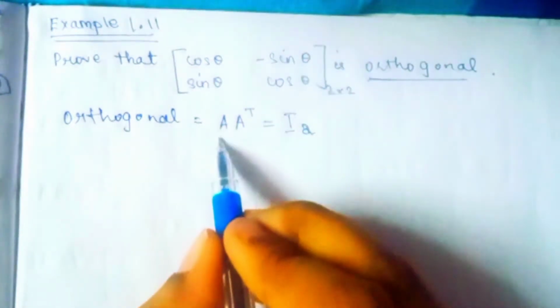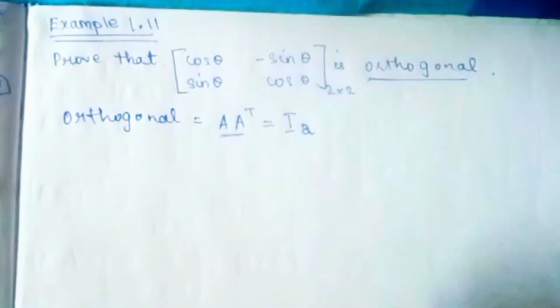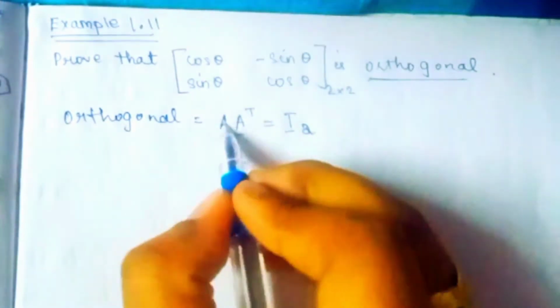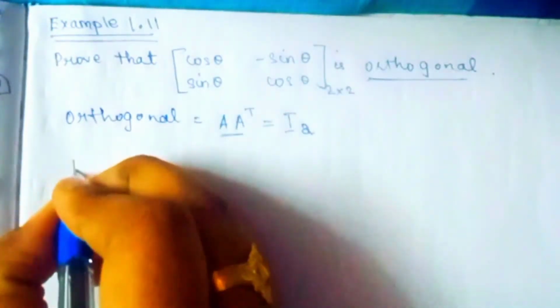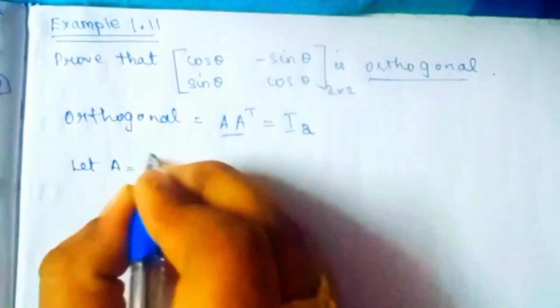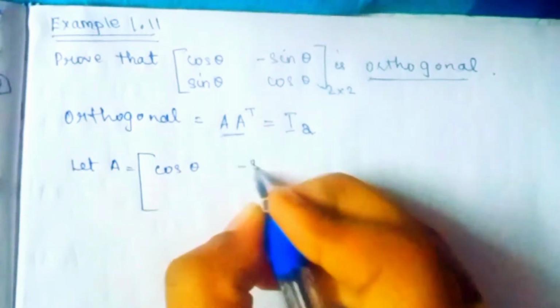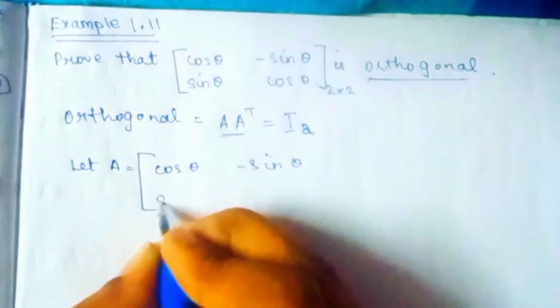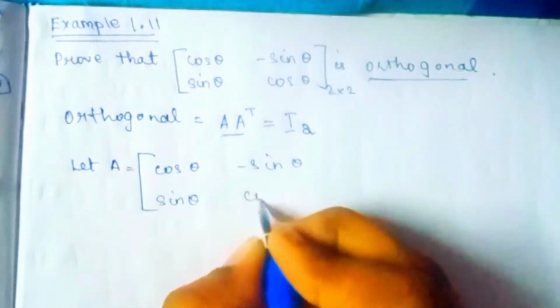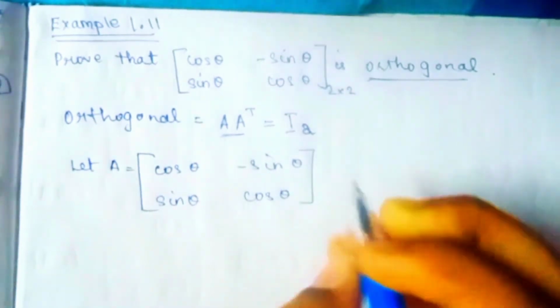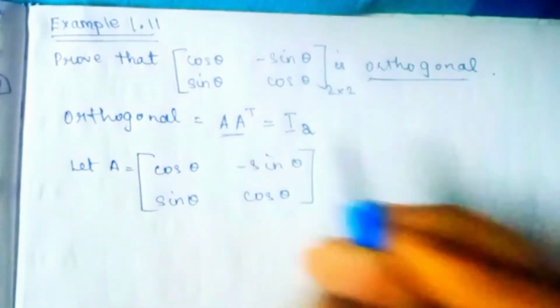Okay, so let me do this one, A into A transpose. For doing that, first you need to know what A is. So let A be equal to cos theta, minus sin theta, sin theta, cos theta. Now we have to find the transpose.